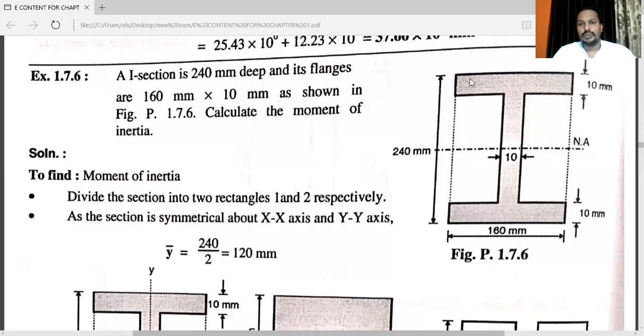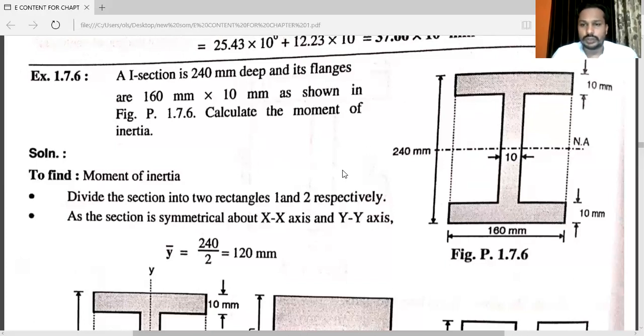So you can see this diagram. Previously, I told you while solving any problem of moment of inertia, the dimensions are very important. The diagram is very important. We have to draw the diagram very clearly.